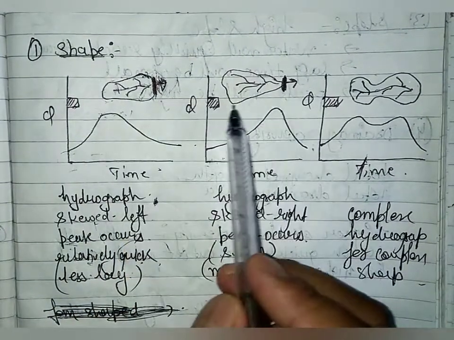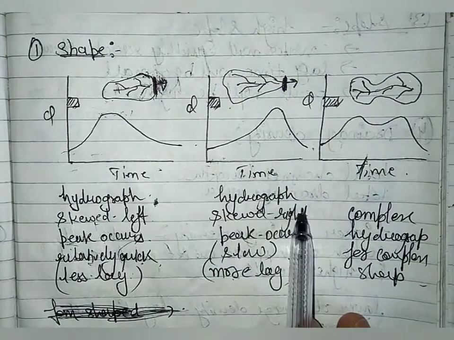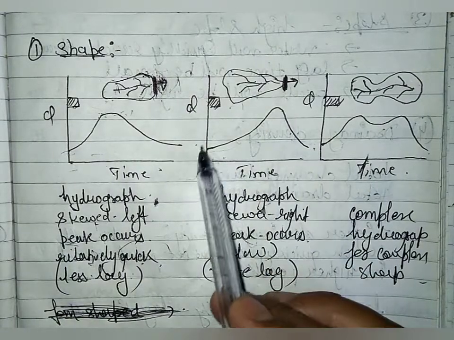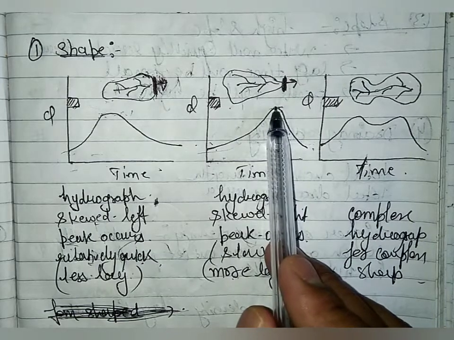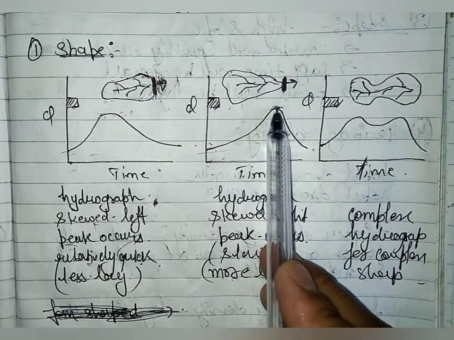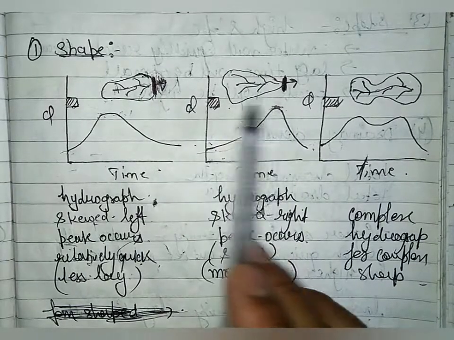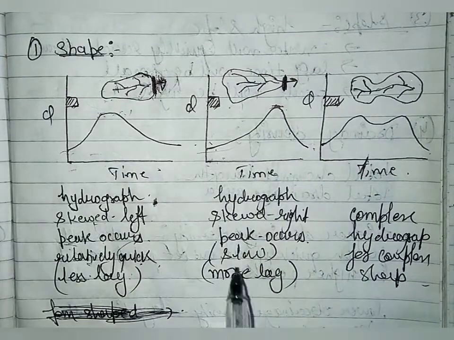Okay, so in the second type of basin, you can see this is your skewed right. So this is your right skewed hydrograph, where the peak is occurring at a large distance. So the lag is more.